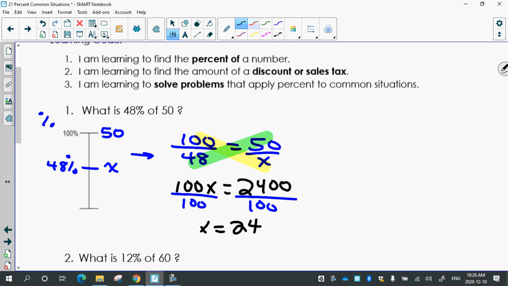Okay, so we said it was going to be less than 25 because 25 is half, right? So we got x is 24. So what is 48% of 50? Therefore, 48% of 50 is 24. Okay?